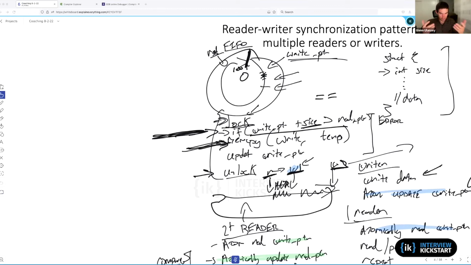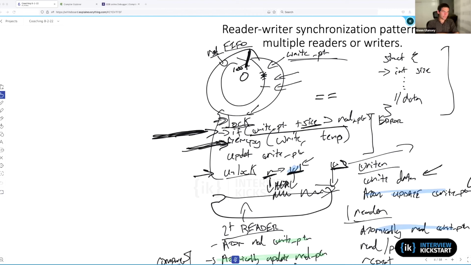So if, for instance, you have a system that you don't expect your circular buffer to ever wrap around, such that the write pointer tries to write past the read pointer, then maybe you add an assert in that case. Like you panic the system, because either it means that something is broken, like the reader is stuck or not running, or it means that you've incorrectly sized your buffer.